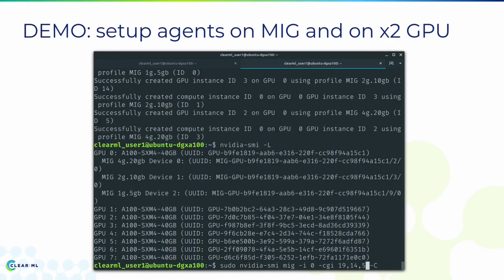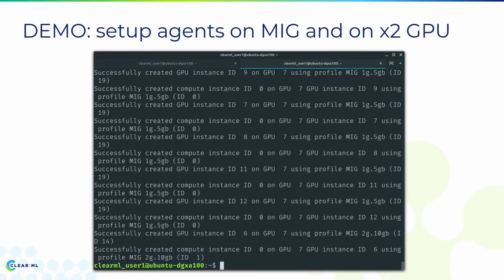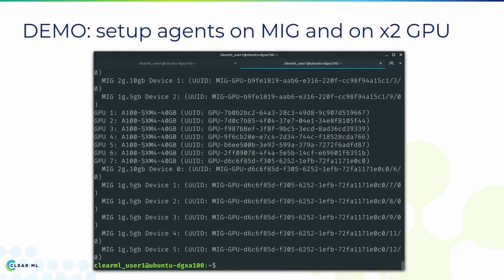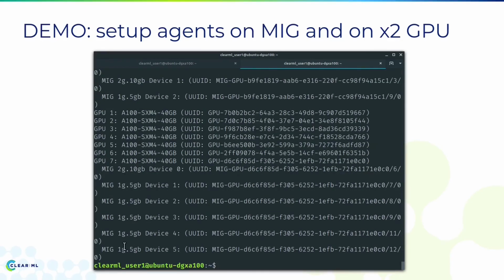Let's do something differently: 1, 2, 3, 4, 5, 6 on the 8th GPU, which is also MIG enabled. Okay, so now I have these on GPU 0 and these on GPU 7. And now all I need to do is set up workers for them.